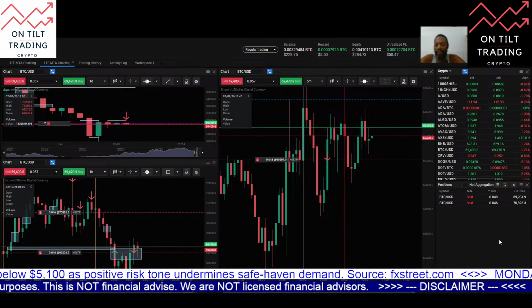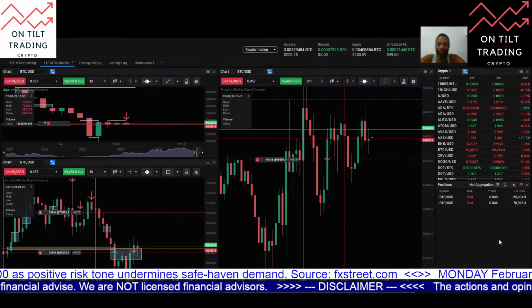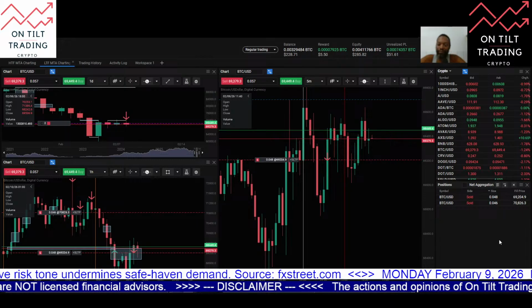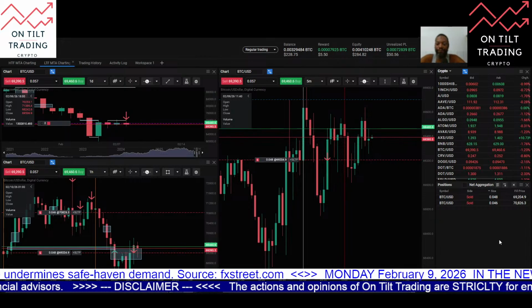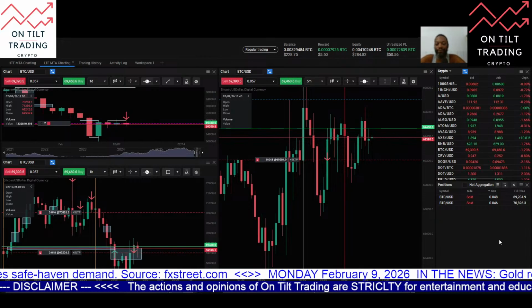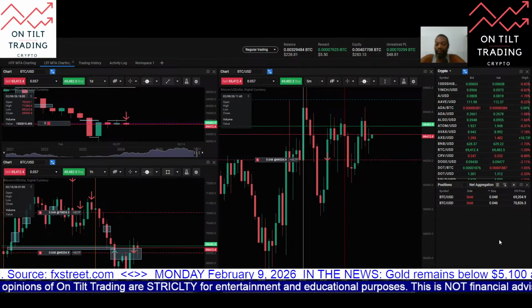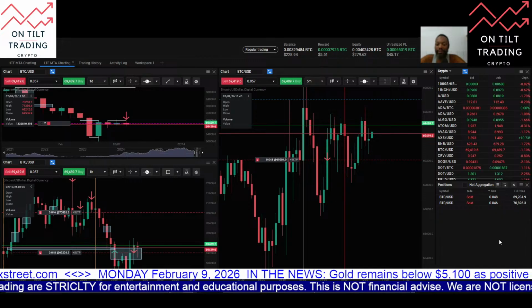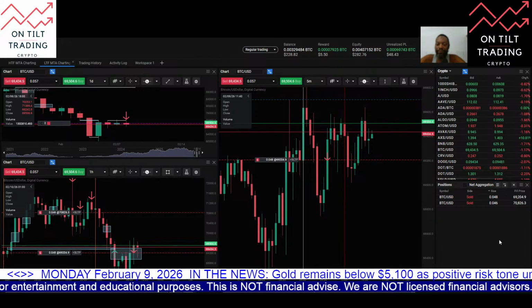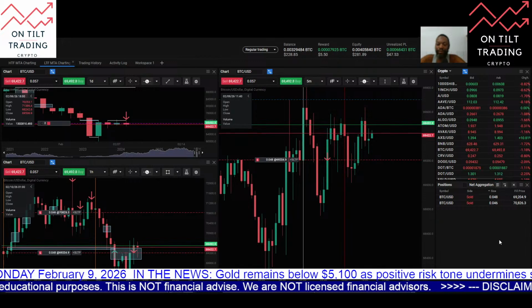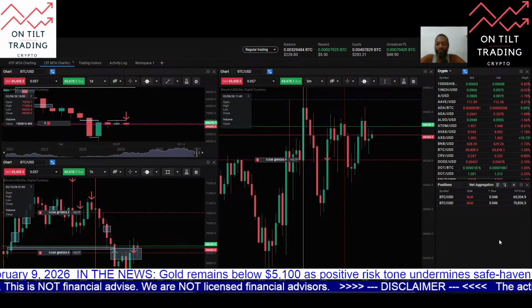New 5-minute candle. Let's see if we get any continuation to the sell side here. $69,380. $69,430. $69,450. $69,420.